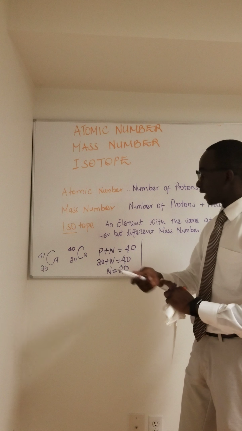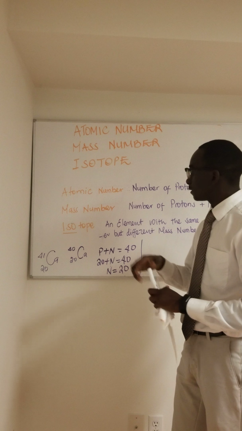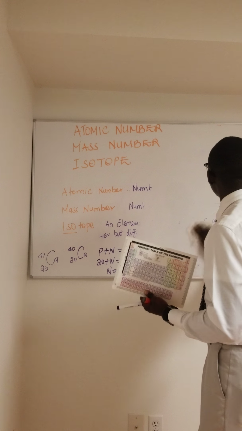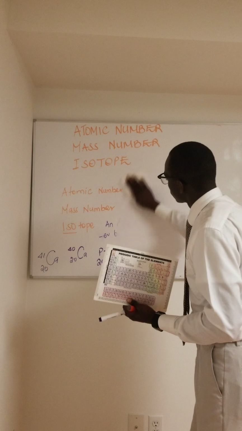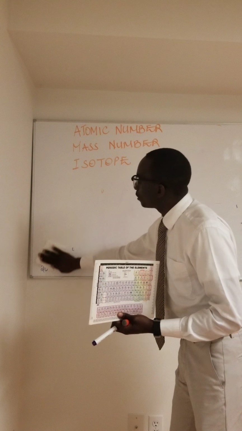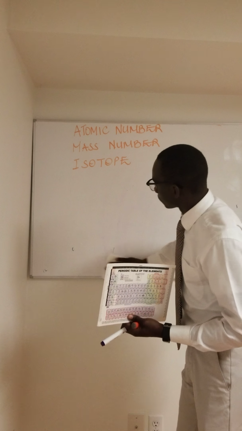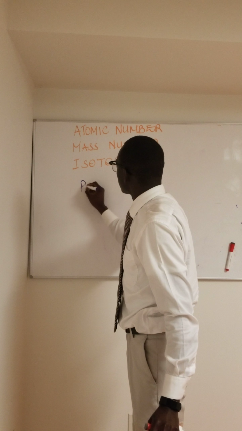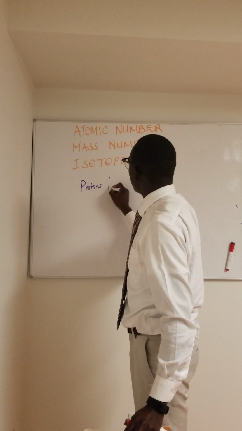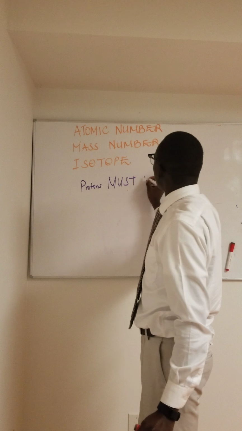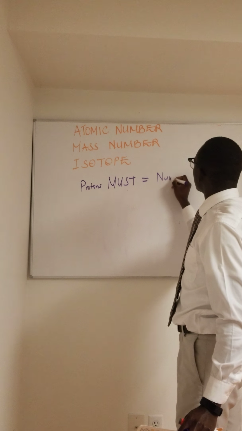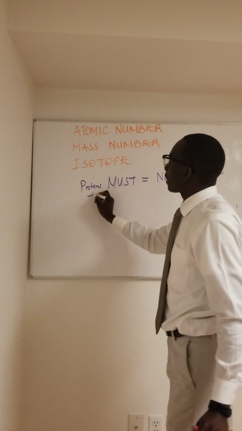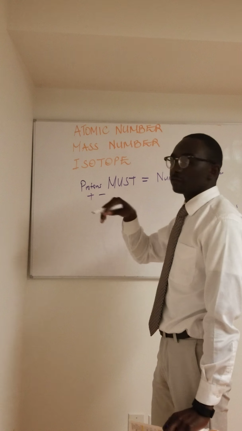Then in another section, they can ask you to identify the element when they give you only one of these. And there's another general rule you have to know: the number of protons must be equal to the number of electrons, because since protons are positively charged, they must balance with the negatively charged electrons.